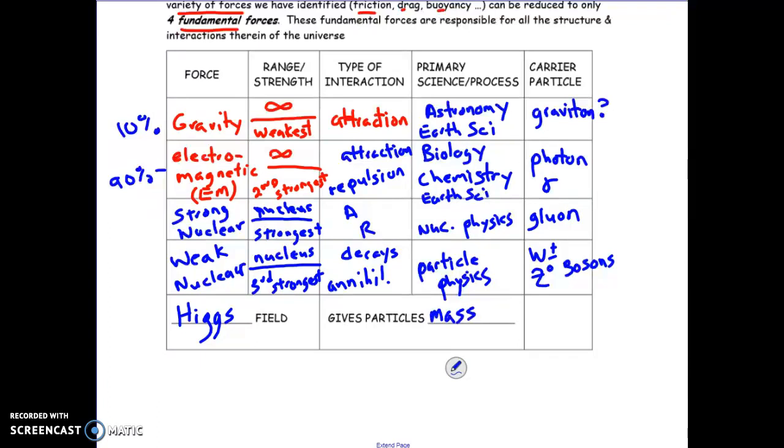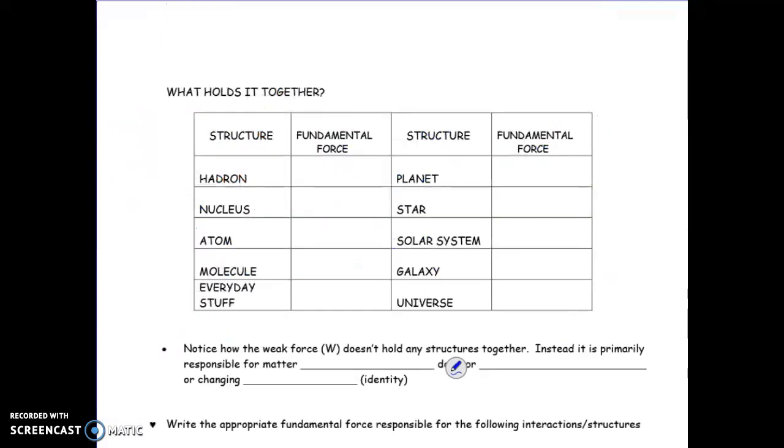Okay, anytime you measure mass in a particle, it is because it is interacting with this thing called the Higgs field. Without the Higgs field, everything would be massless, and that's the significance. And the symbol for the particle is called the Higgs boson. Okay. Actually, the zero's up there. That's a big deal.